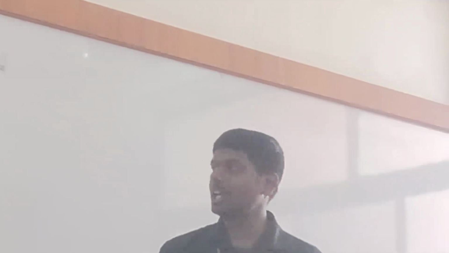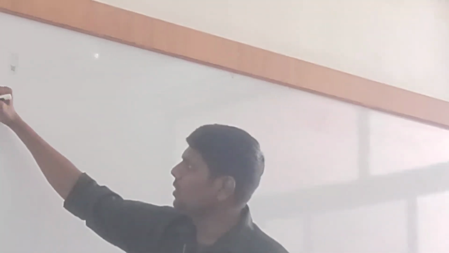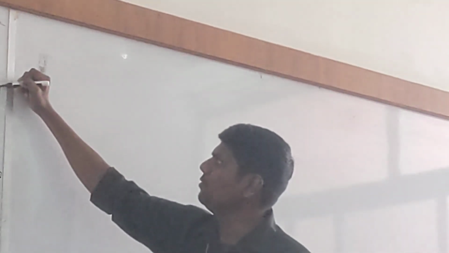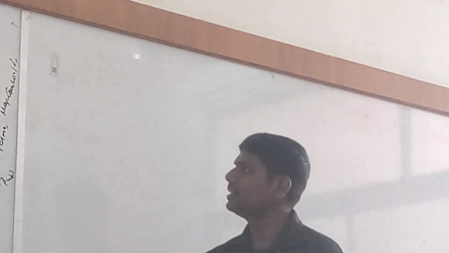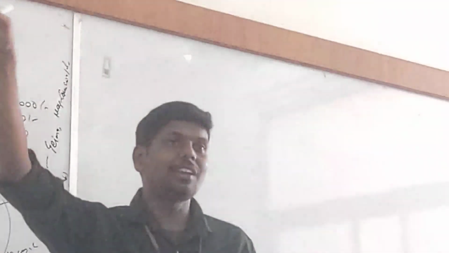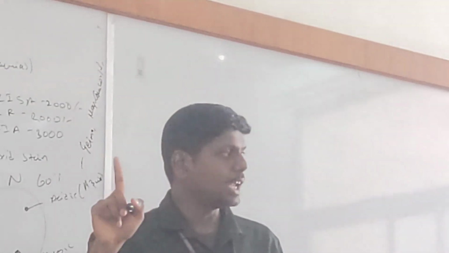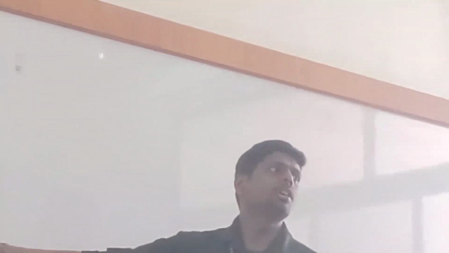Some of the Azur stains are Giemsa and May Grunwald stains. Okay, May Grunwald and Giemsa are Azur stains, whereas Leishman stain is a Romanowsky stain. So I have introduced a new term, Azur granules.